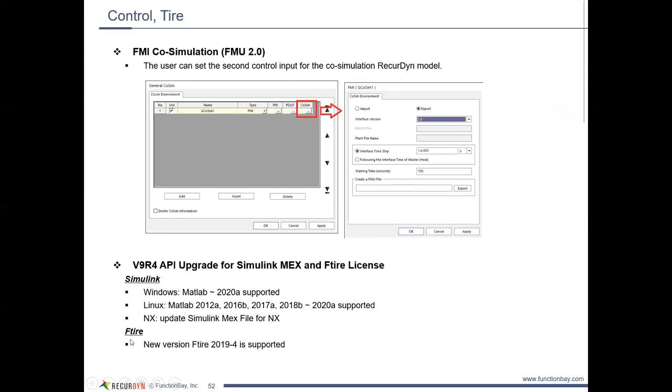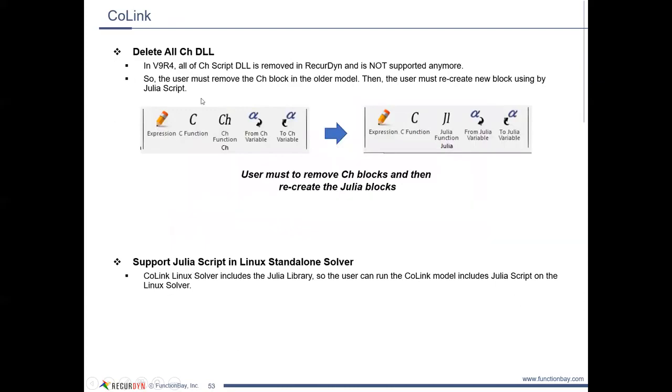And then on NX, we've updated the Simulink MEX file for the NX software, so that's also supported. And then with the standard tire interface module, we now support the new F-Tire version 2019-4. So those are just some version enhancements.